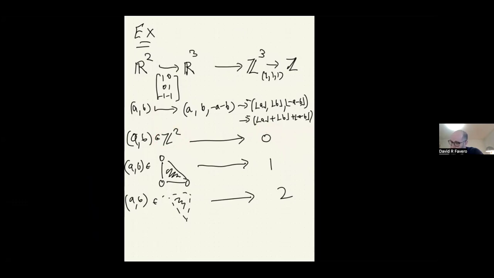So I can think of this on the torus, R^2 mod Z^2, which I'm picturing as this lattice point, and then there's this region here, and this region here.